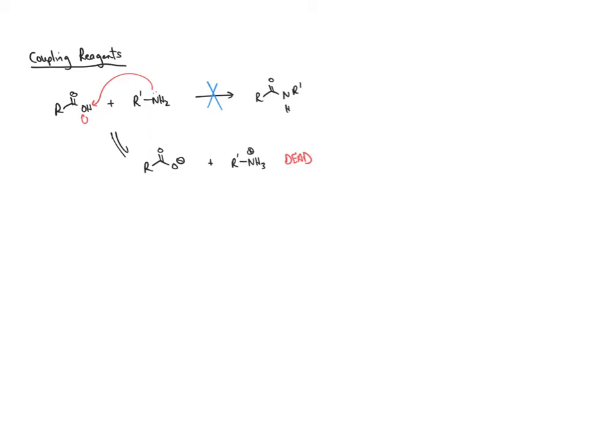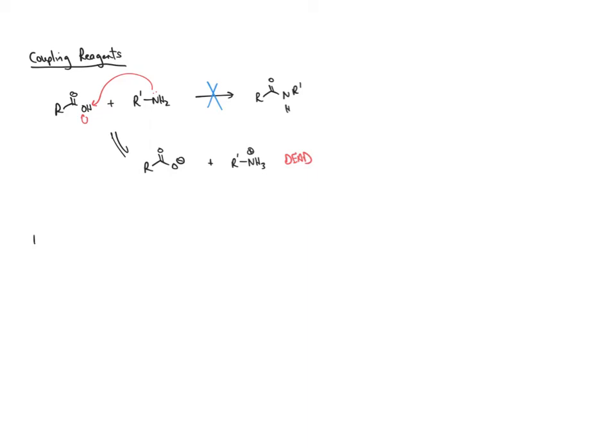So in order to directly promote the formation of an amide from a carboxylic acid and an amine, we can actually use a coupling reagent, sometimes known as an activating agent. Most of these are commercially available. And this activating agent essentially converts the carboxylic acid into an intermediate that has super leaving group-like reactivity. All right, so let's talk about that now.